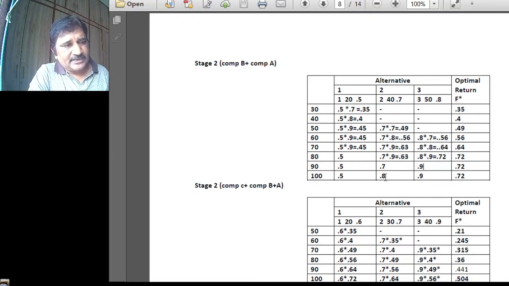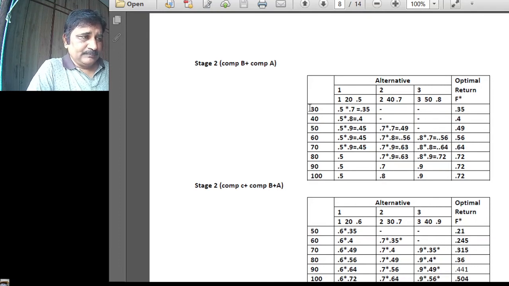You write 0.7 and 0.7, and the next component here will be 0.9, 0.9. Here it will be 0.8, 0.8, and then 0.9, 0.9. So 0.8 into 0.9, 0.9. The resultant reliability that's coming is 0.56, 0.64, 0.72, 0.72, 0.72. And then the optimal return you are getting here.